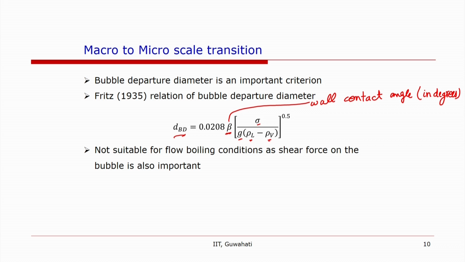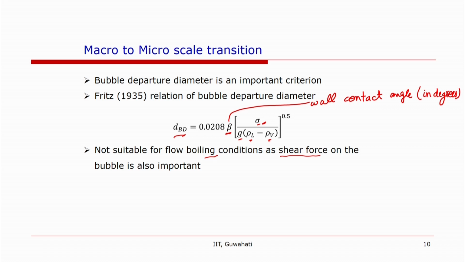However, when it comes to flow boiling, as one can see, this is only the ratio of buoyancy force and surface tension. So it does not take into account the shear force that acts on the bubbles during bubble departure. So it may not be very suitable for flow boiling conditions.